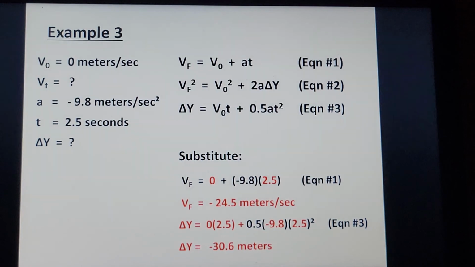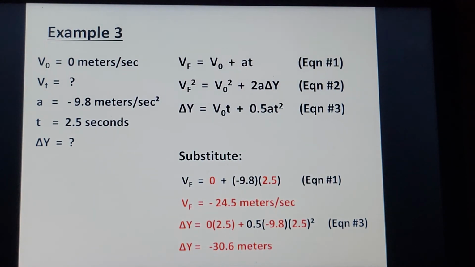That's because acceleration is pulling the object downward. The direction of the acceleration is negative because we defined acceleration upward as being a positive value. This is a vector quantity, so acceleration in the downward direction would have to be negative. Time was given in the problem as 2.5 seconds. Delta y, the displacement, we can predict that that's going to be a negative number, correct?